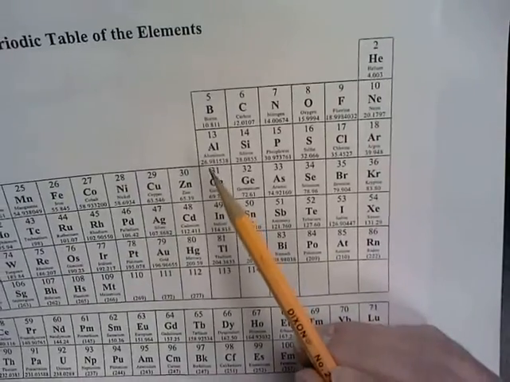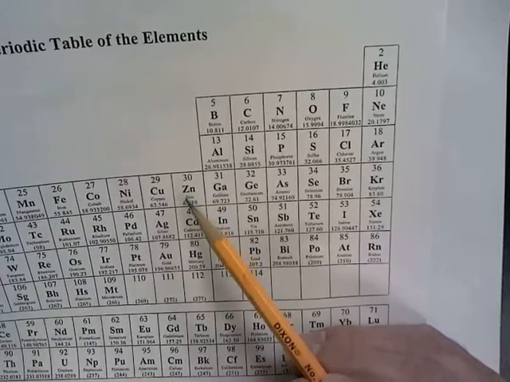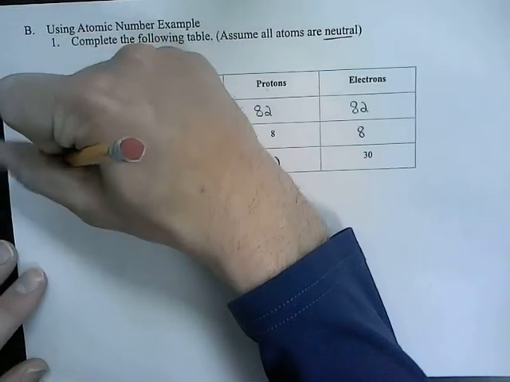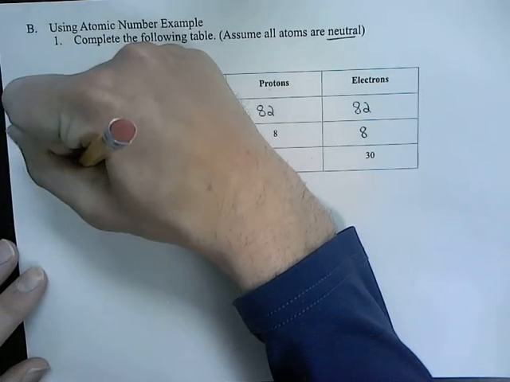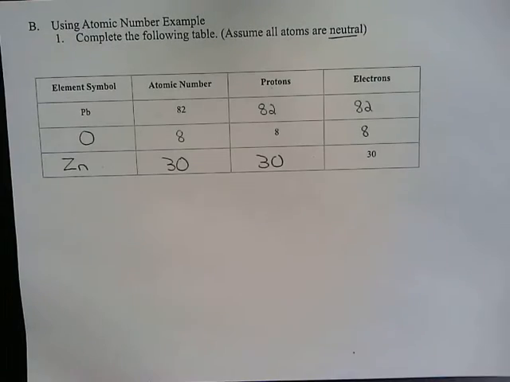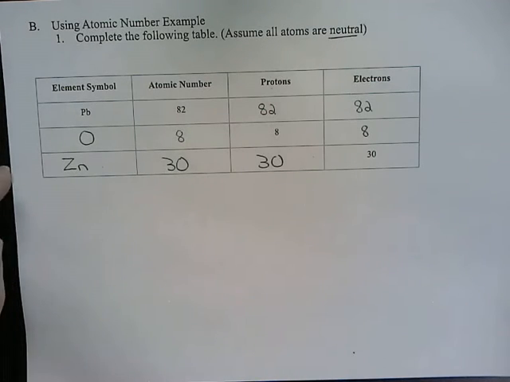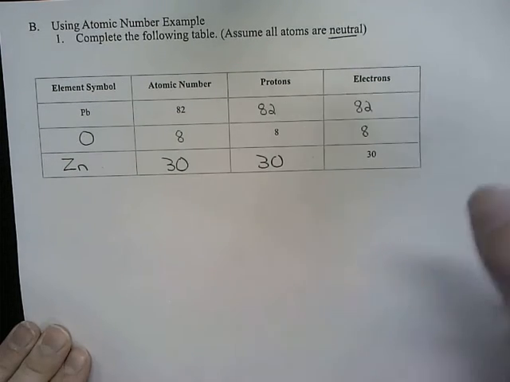We look for 30 on the periodic table, and we find the element zinc. So the element zinc has the symbol Zn, okay? The main thing with this is that the atomic number can be correlated to what element we are dealing with on the periodic table. All right, let's keep moving on here and going through this process.